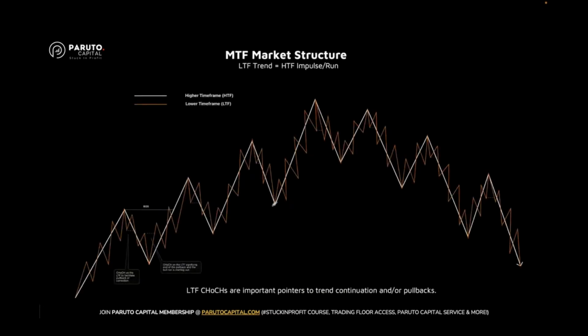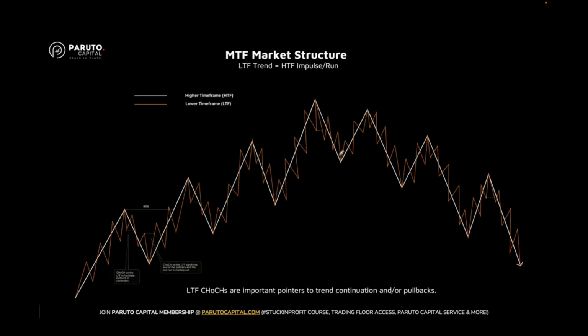Now, on multi-time frame market structure again, like I said, a lower time frame trend equates to a higher time frame impulsive run. You can see here that the white lines denote the higher time frame. This is an impulsive move, a pullback, an impulsive move, a pullback, an impulsive move, a correction, an impulsive move, a pullback, and then this doesn't take out this high, and then changes character here.